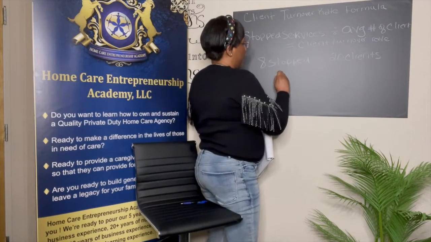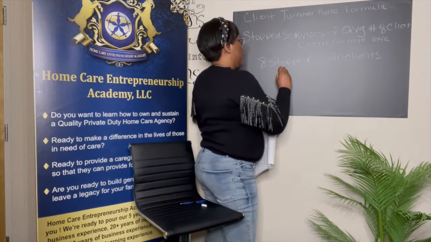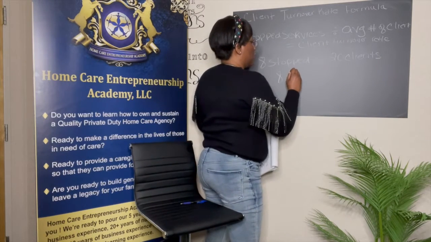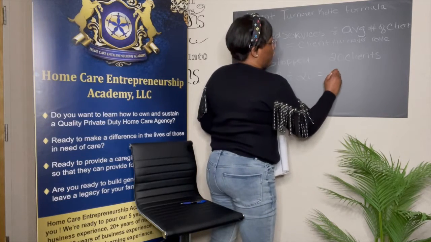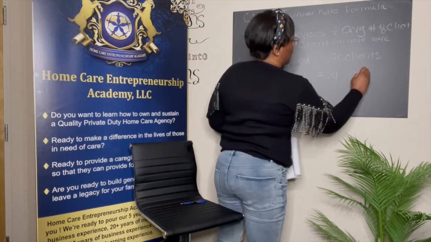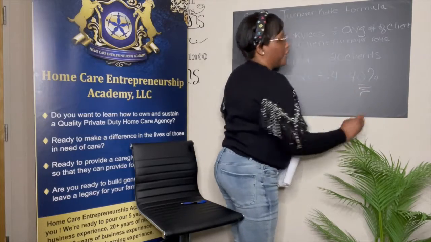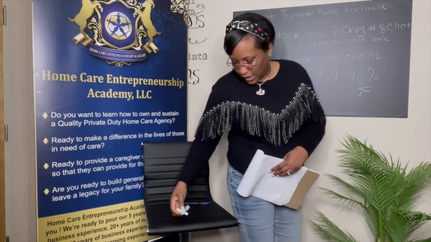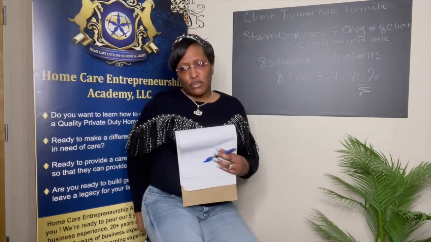So you take the 8 clients, oops, just broke the chalk. 8 clients divided by 20 equals 0.4. And of course, 0.4 equals 40%. So that means your client turnover rate is 40% for your agency. So whatever your numbers are, just apply the same formula to determine your turnover rate.